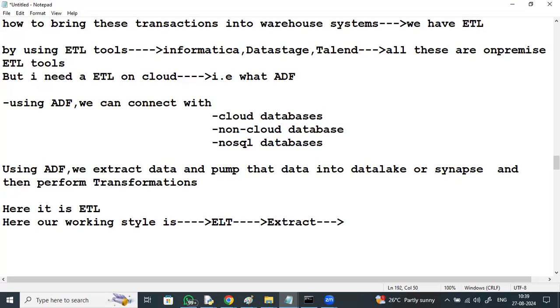Extracting first from the different sources, load it, and later transform it as per the business logic.